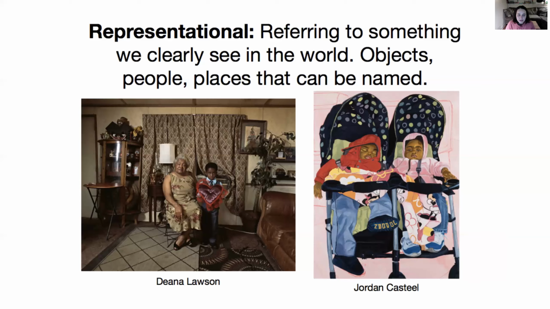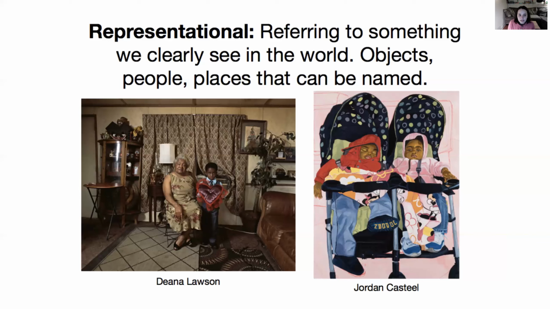But the most obvious one that we think of when we think of art is representational. You can also think of this as realistic art. It's representing something that we see in the world, or it refers to how we experience the world.